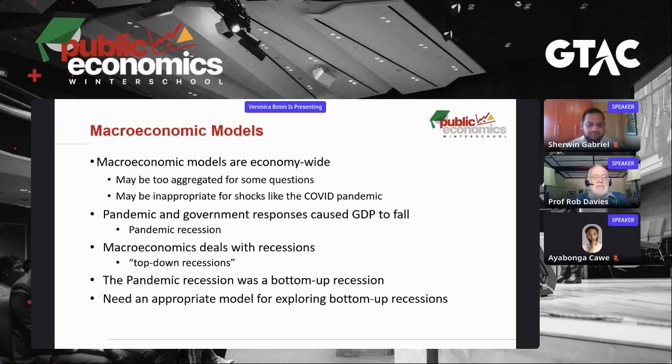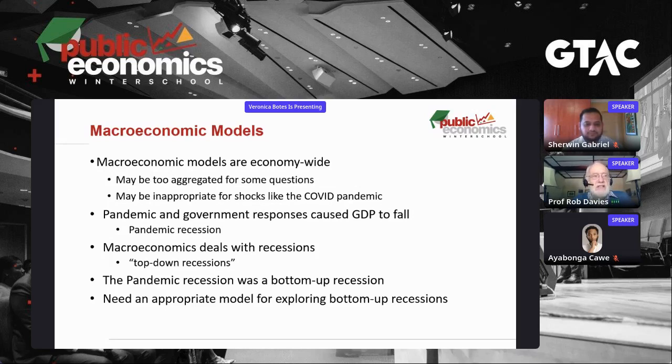But macro models tend to deal with what we can call top-down recessions. They often start at some level, often in the financial sector, and spread over time into the real economy. They take time to work their way through the economy.